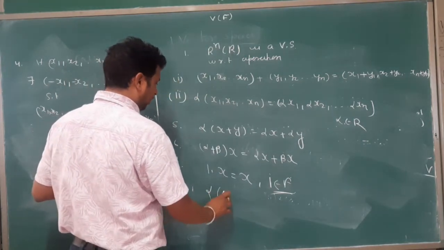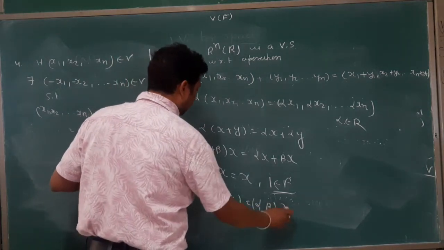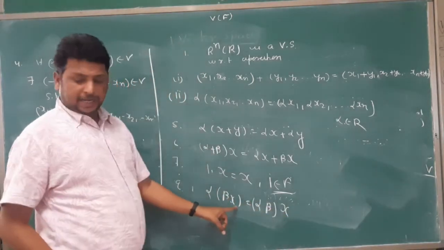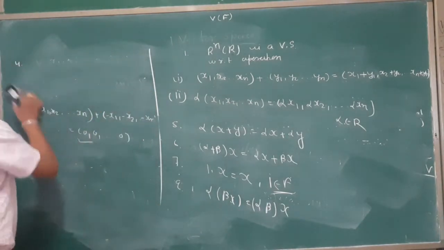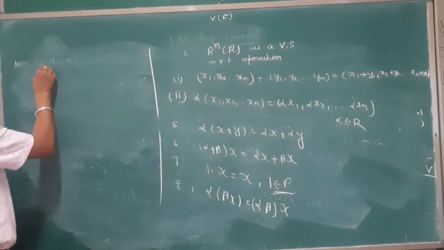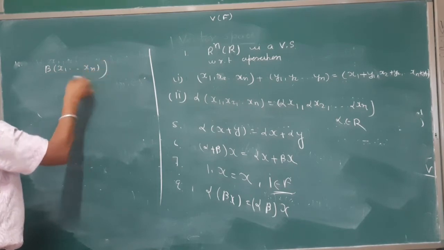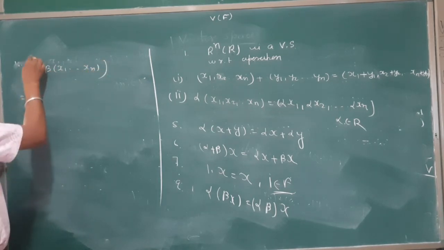And what is the eighth? It's alpha of (beta x). This is also obvious. If you want to prove it, I'm going to prove this one. See, beta x is beta (x1, x2, ..., xn), and then alpha of it. What is the LHS value?